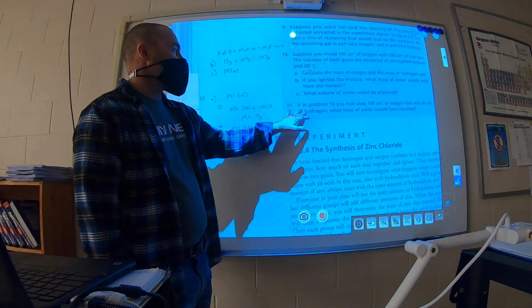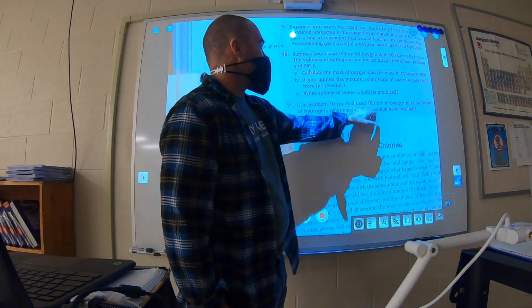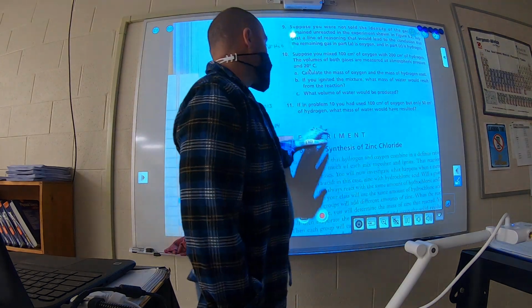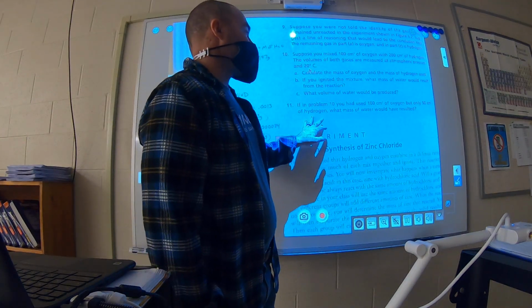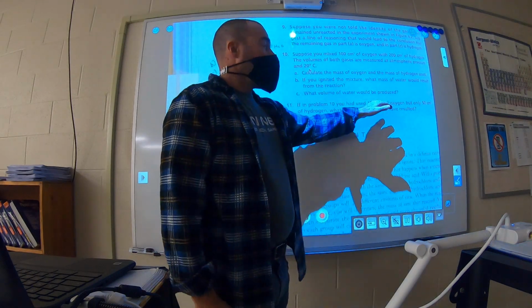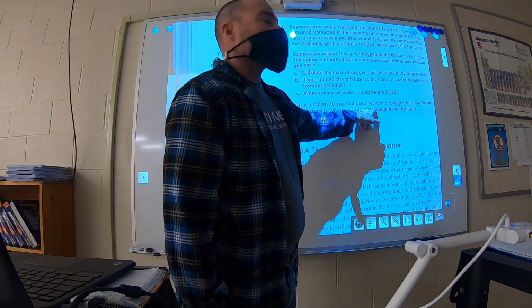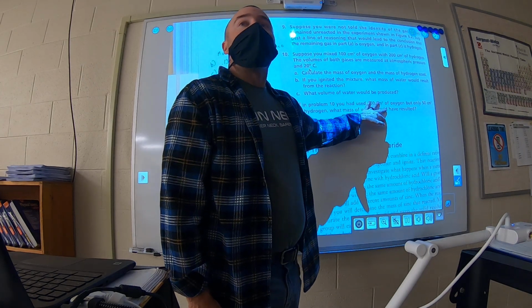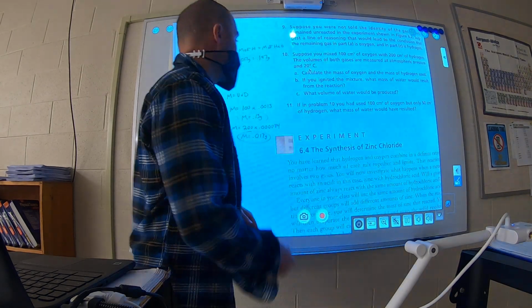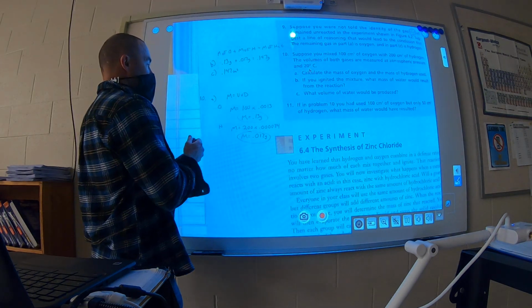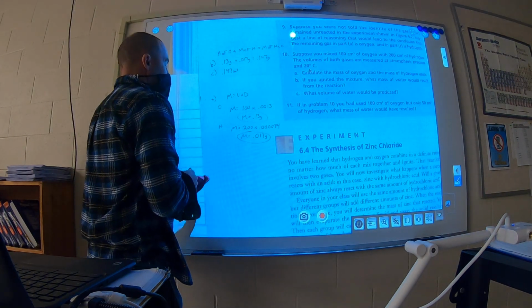So number 11 says if in problem 10 you'd used 100 cubic centimeters of oxygen, which is what they had, but only 50 cubic centimeters of hydrogen, what mass of water would have resulted? In this case, 50 cubic centimeters of hydrogen would need how much oxygen? 25. So not all of that is going to react. So I'm going to just change this number to 11.